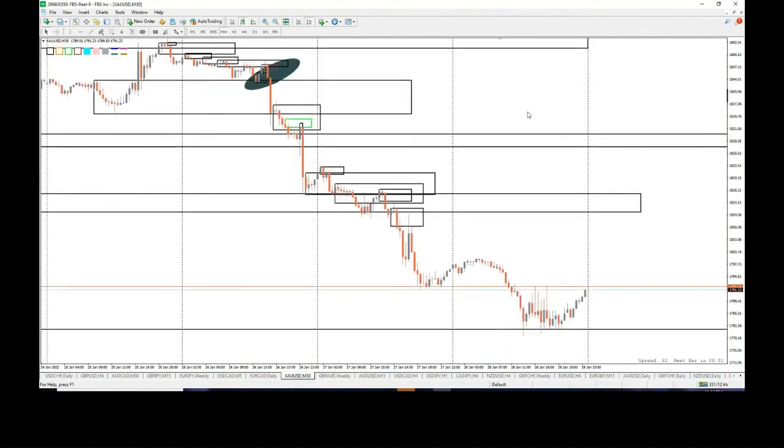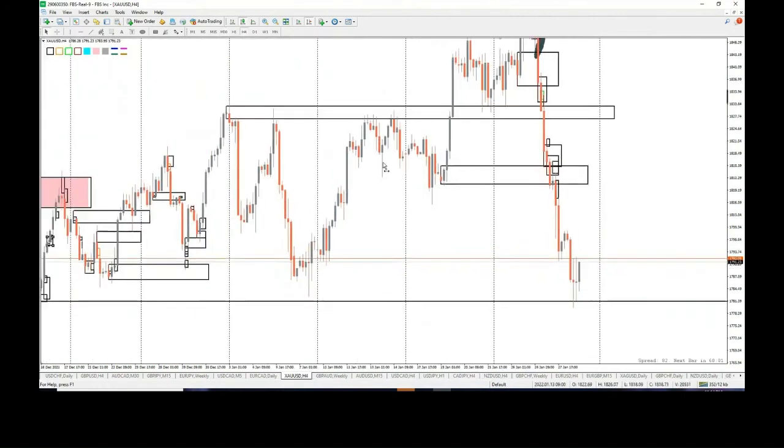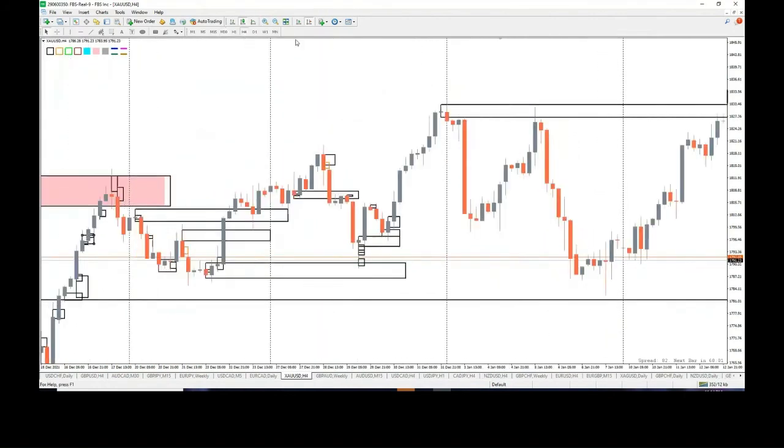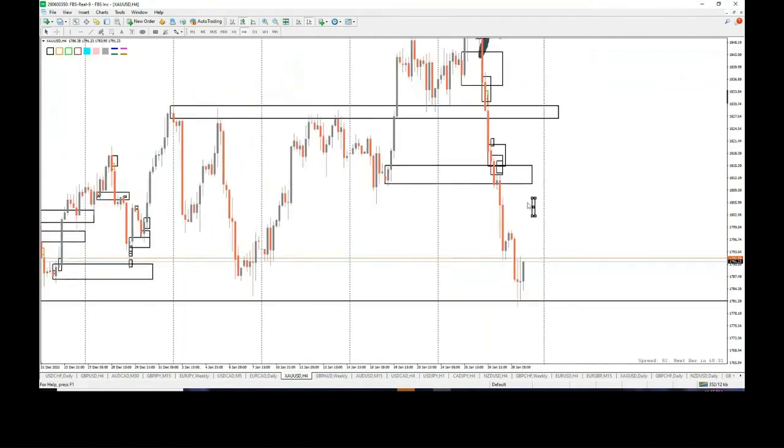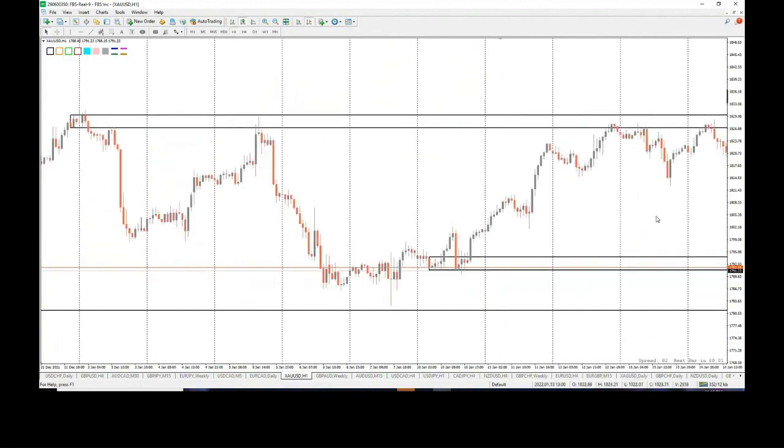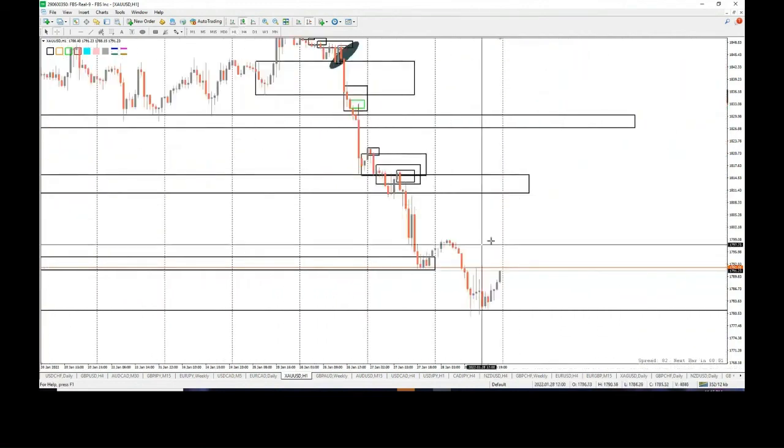You can see it. Because why? Because this zone is broken, right? So the price continues to the next H4 zone, which is this one. Along the way going down, we just sell.